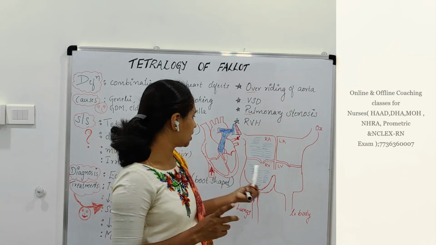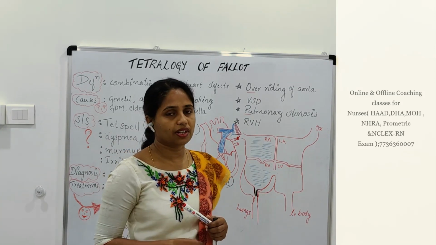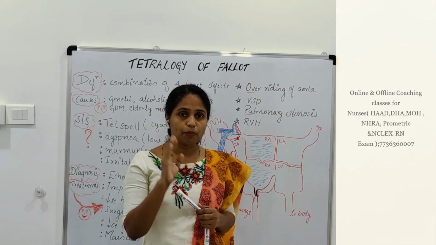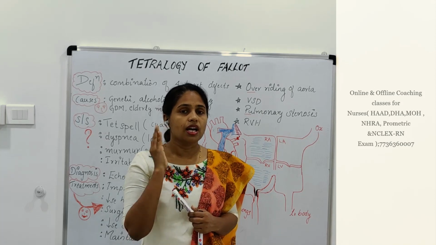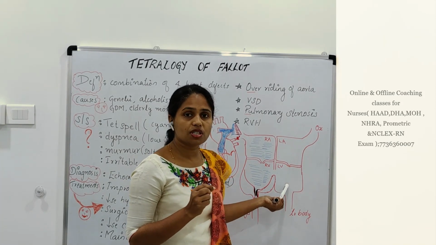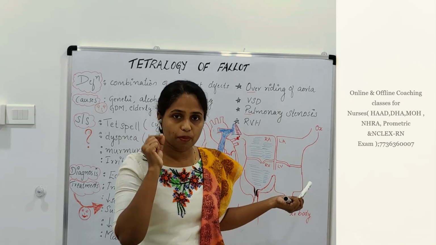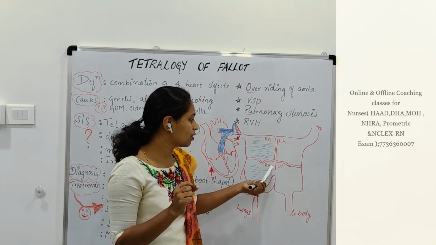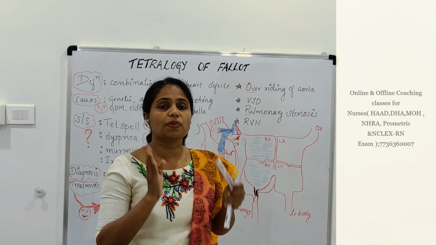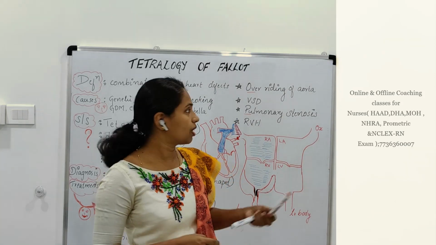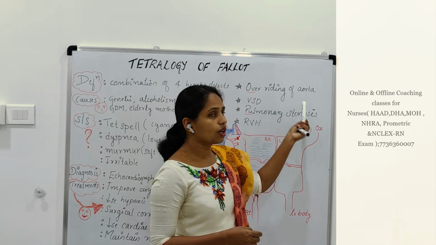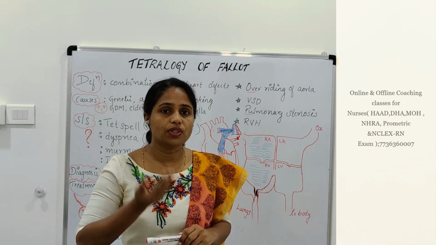So there will be a ventricular septal defect. The position of the aorta changes. Instead of starting from the left ventricle, it originates from the right ventricle or the ventricular septum. That is overriding of aorta.